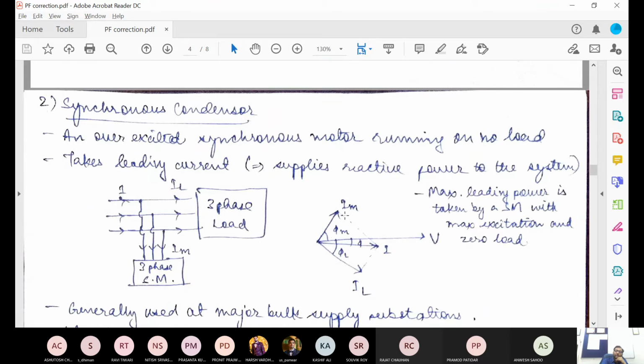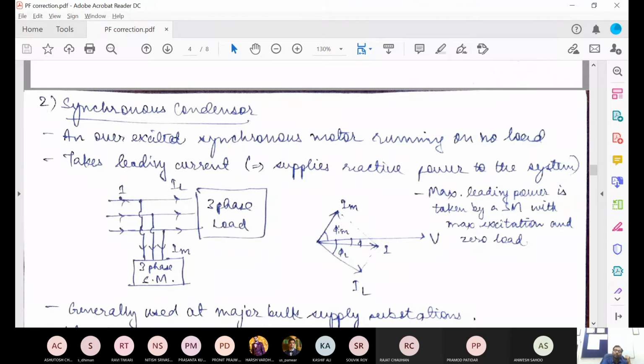So if you notice, this IM is leading the voltage V, but not by 90 degrees, by some angle less than 90 degrees, and that angle is indicated as phi M. This depends upon the characteristic of that particular synchronous machine, its phasor relationship, the rated value of field current, and how much overexcited we are running it.